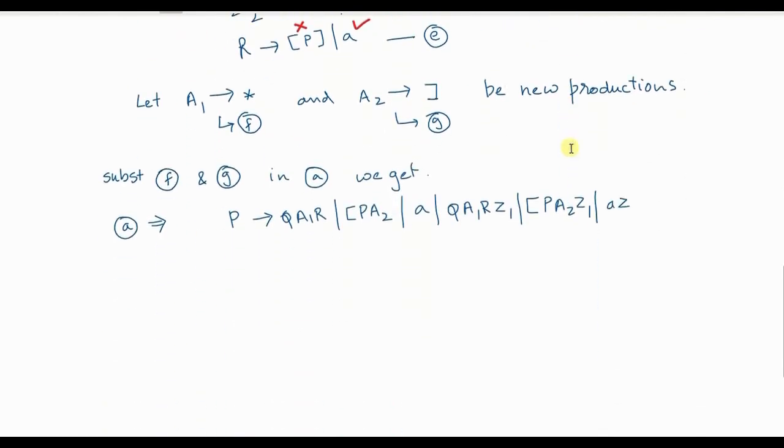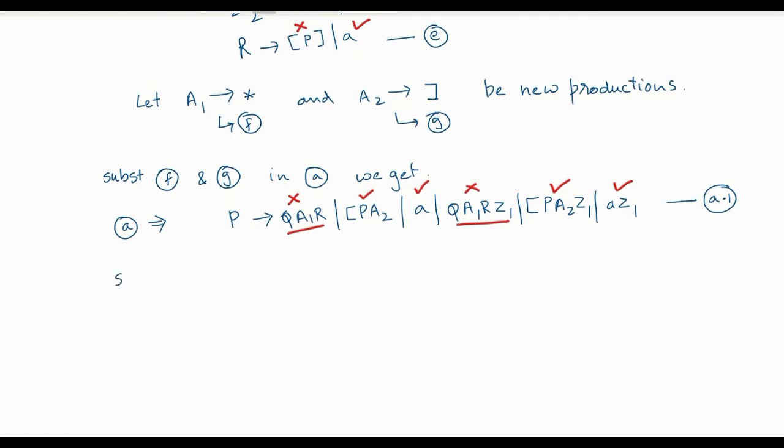Okay, so I will call this A.1, the first version of A. Now in this new version of A, you see this term is already in GNF, this is also in GNF, these terms are in GNF, whereas this term and this term are still not in GNF. I will do the same thing.